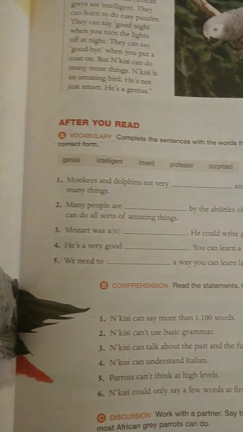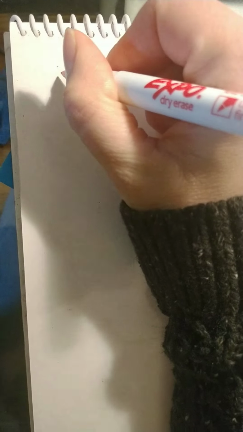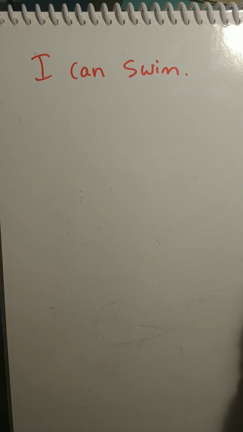So we're going to do some examples. First, we will do can. One simple example, we could say something like this: I can swim. What is the subject of the sentence?